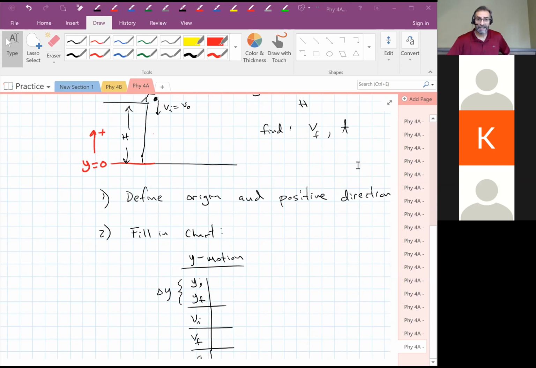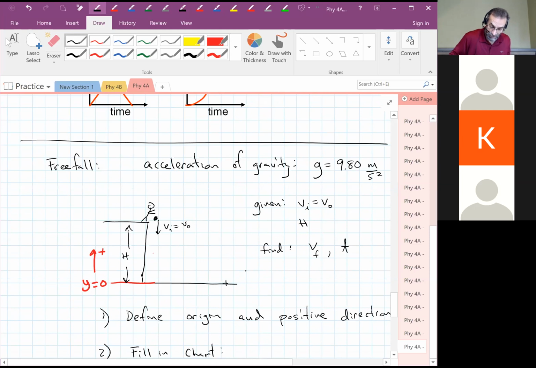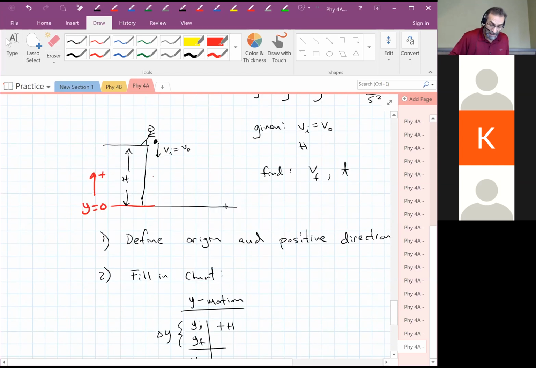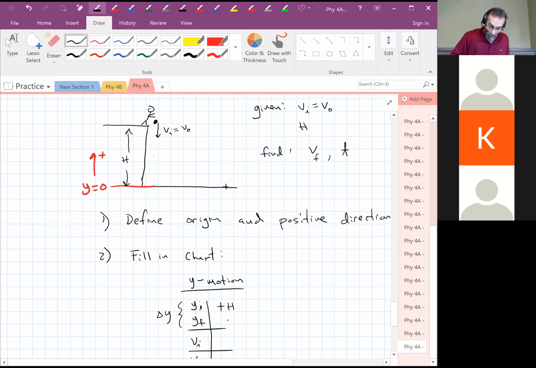So y initial, where is our ball at the beginning of this problem? It's at h, right? At distance h above the ground. Just to make it really clear, I'm going to put positive h, but I don't really need the plus sign there. Where is it at the end of the problem? It's at y equals 0, because obviously the ball is going to hit the ground and come to rest.